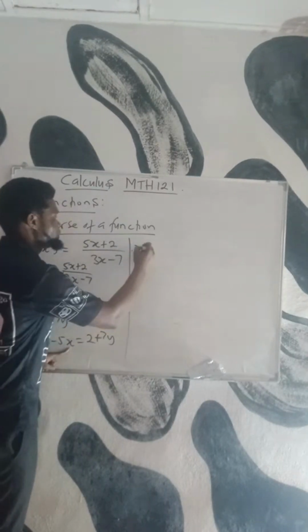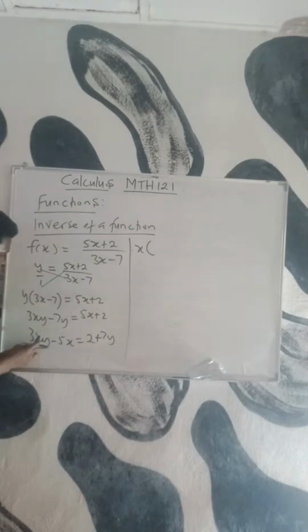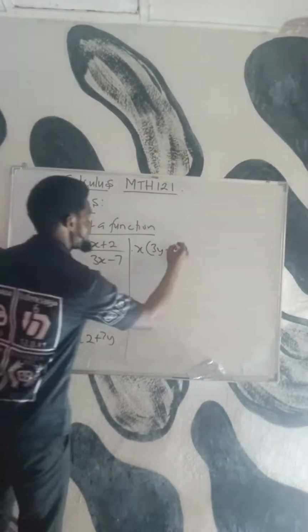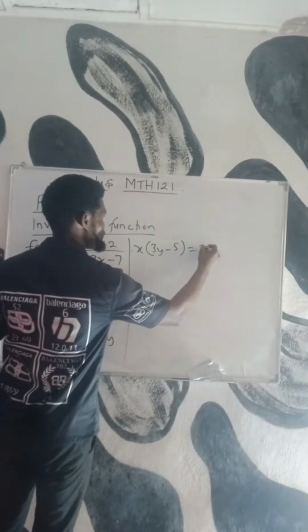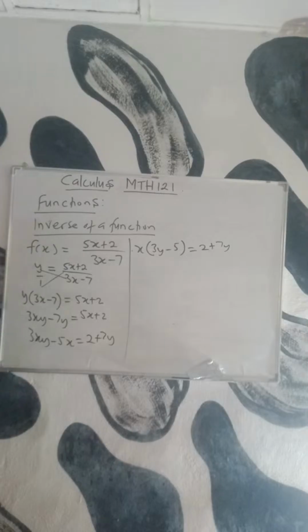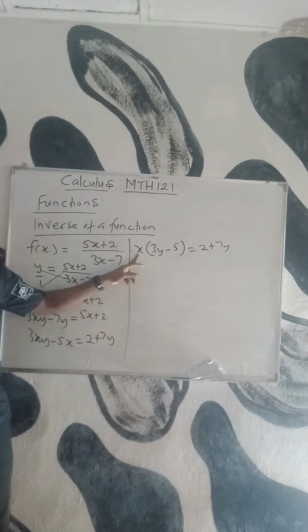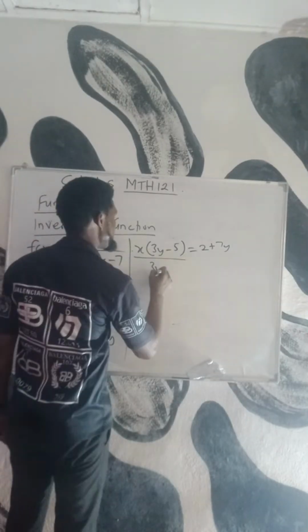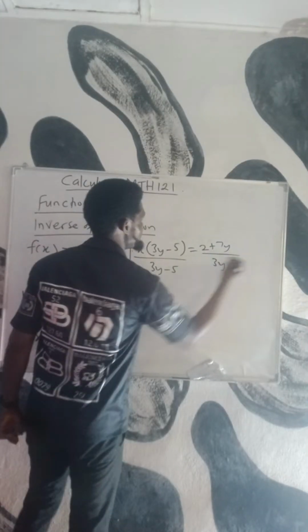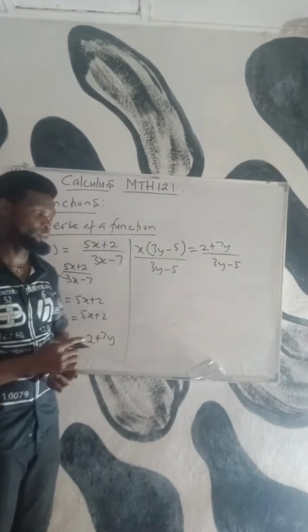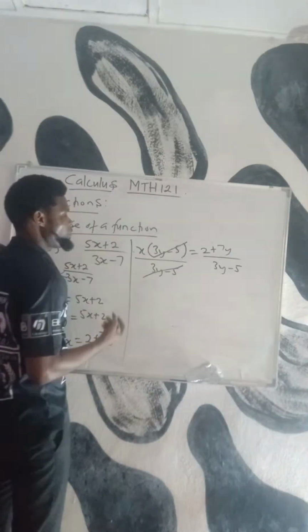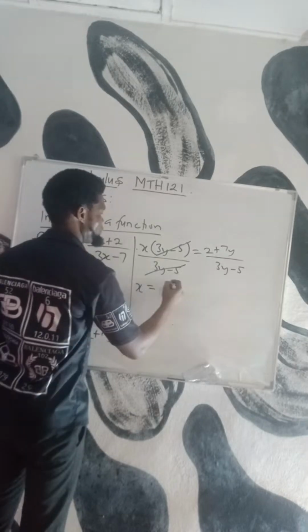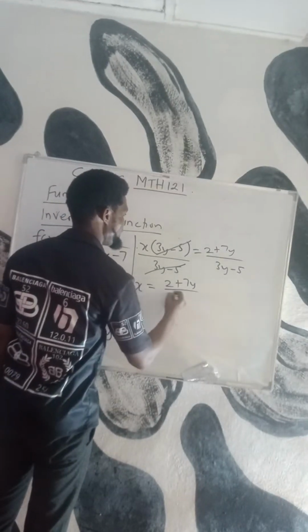I'll factor out x. Left here is 5 equals 7. So I divide both sides by y plus 5. I'm dividing both sides by 3 minus y, giving 5y plus 7 all over y.